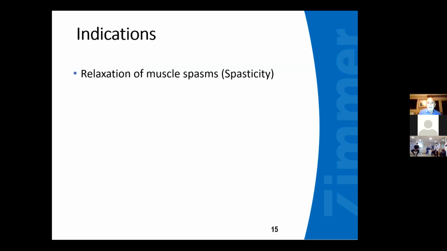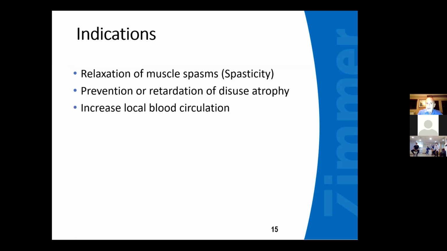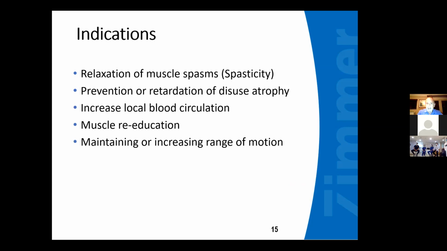So our indications: relaxation of muscular spasm, spasticity, prevention or slowing down of disuse atrophy, increasing local blood circulation, excellent at vasodilation. The big one, excellent at muscle re-education, and maintaining or increasing ranges of motion.